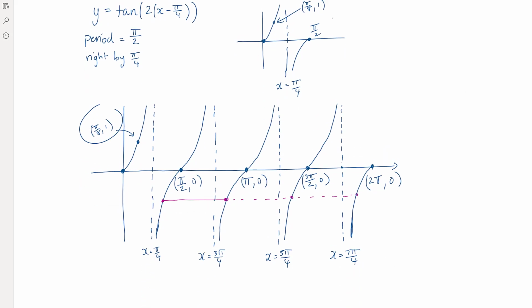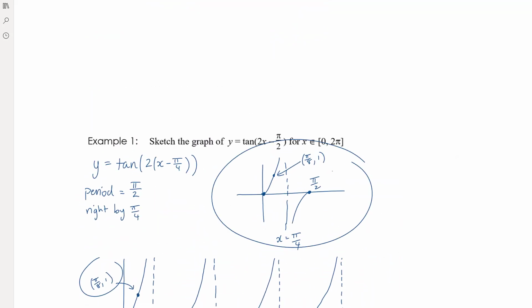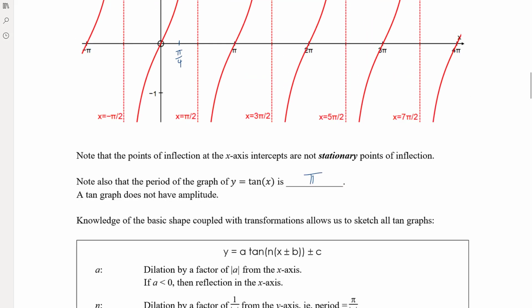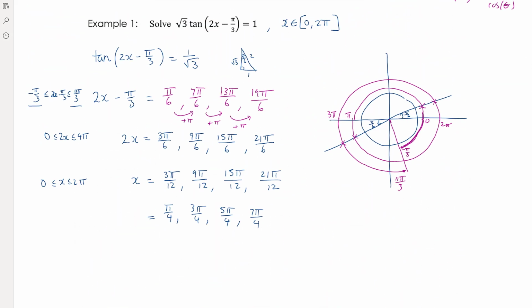Asymptotes should all be labelled with equations, making sure your asymptotes are spaced 1 period apart, as are your x-intercepts. Think about this general sense of what one tan period looks like: start of the graph, end of the period, asymptote halfway along the period, key point a quarter of the way along the period. Okay, and then equation solving otherwise is the same as it was for sine and cosine graphs.